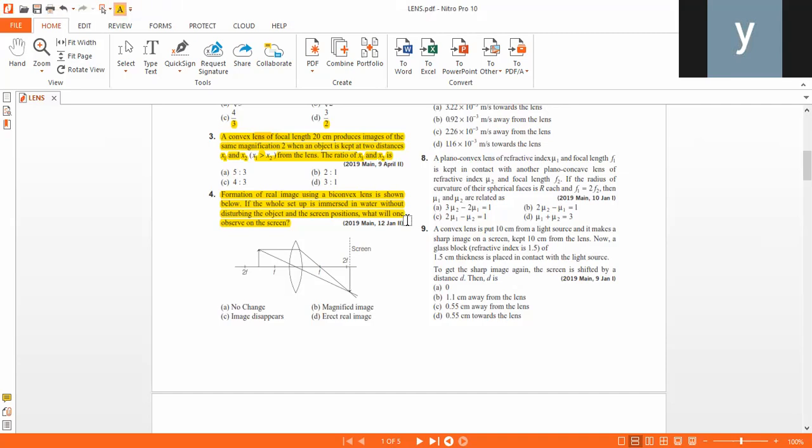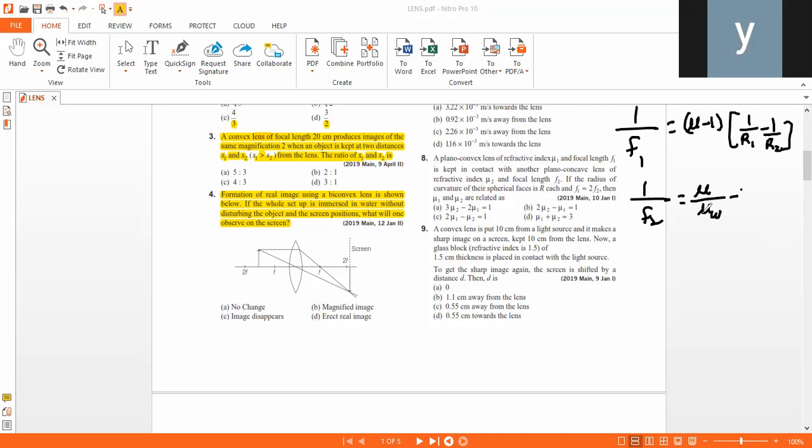Firstly, we are having the focal length of the lens with respect to air, that is 1 by f, mu minus 1 times 1 by r1 minus 1 by r2. Now the lens is immersed in water. That means I can write mu by mu w minus 1 times 1 by r1 minus 1 by r2.